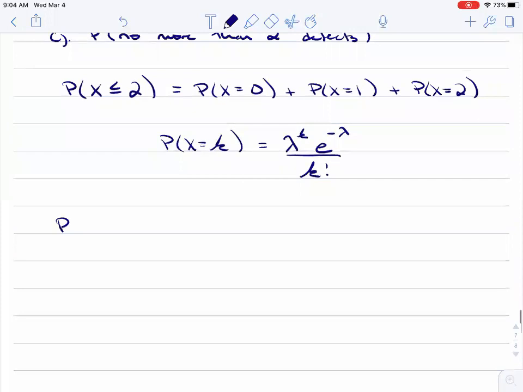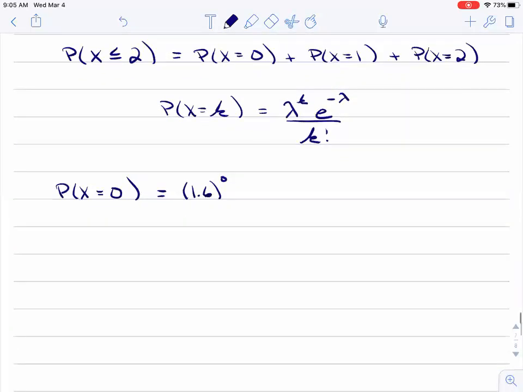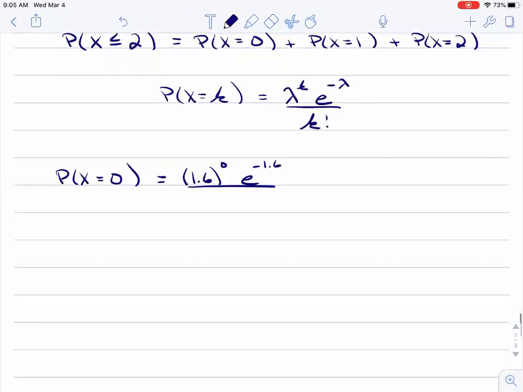If we want the probability that X equals 0 to start, lambda is 1.6, K in this case is 0, and that's all we need. Looks like we need more, but it's actually not. So we've got 1.6 to the power of 0. Anything to the power of 0 is just 1. And then e to the negative 1.6 over 0 factorial, which is on your formula sheet.